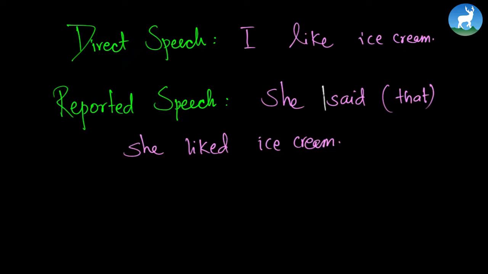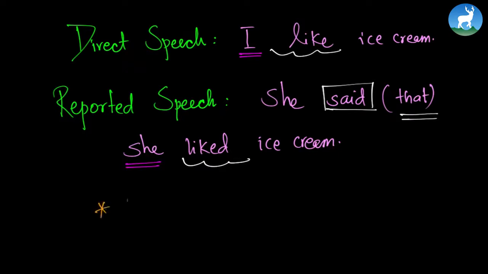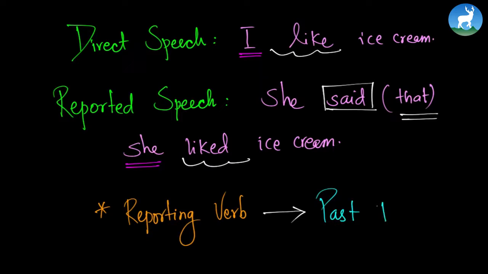Notice we used said, that is optional, so I've kept it inside brackets. Like changed into liked, and I changed into she. And why did we do this? Because the reporting verb was in which tense? Was in past tense. Very good. The reporting verb was in past tense. That's why we changed like this.